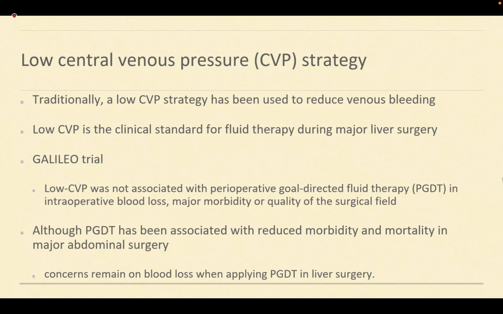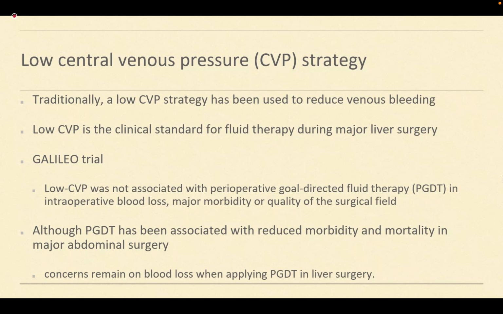However, although PGDT has been associated with reduced morbidity and mortality in abdominal surgery, there is concern when applying PGDT in liver surgery.